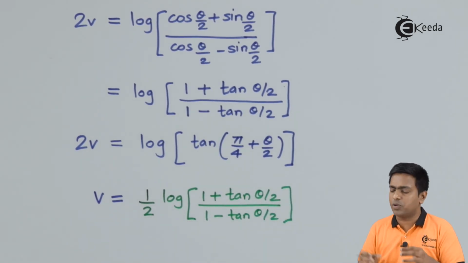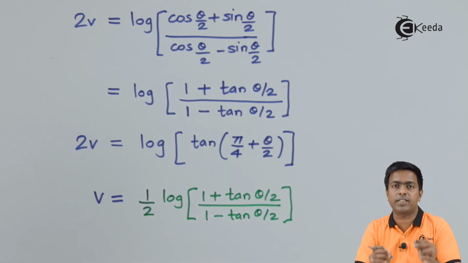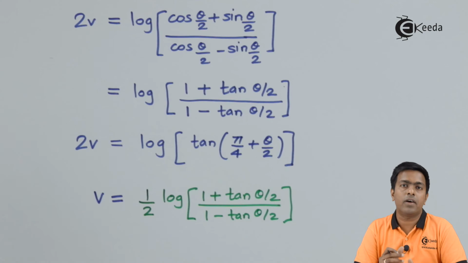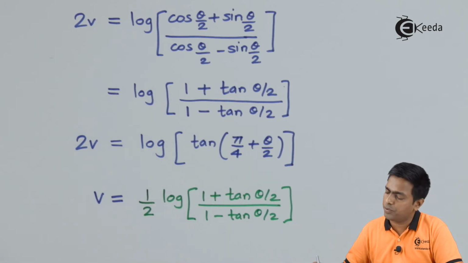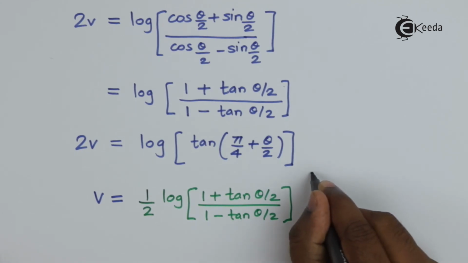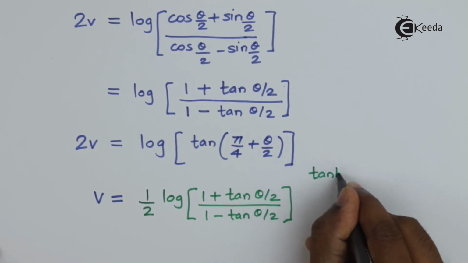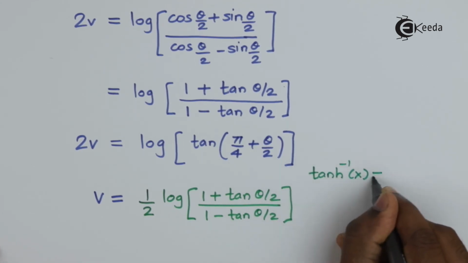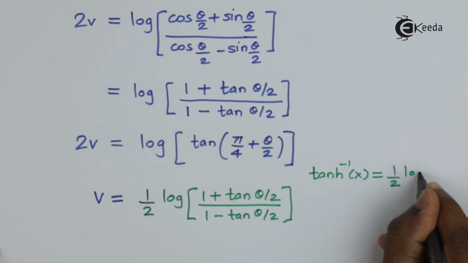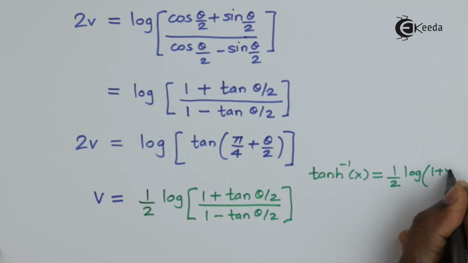Now guys, if you observe this step carefully, then it will remind you about one formula of inverse hyperbolic function. Now what is that formula? So here I'll write it down for you. So hyperbolic tan inverse of x is always given by half log of 1 plus x upon 1 minus x.